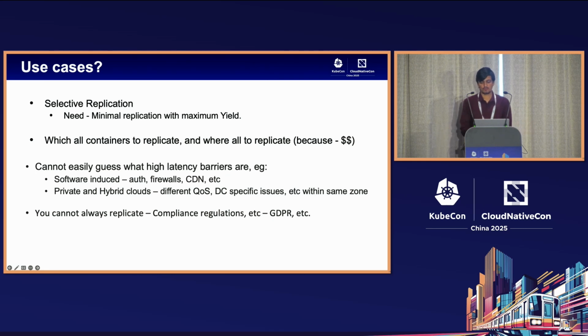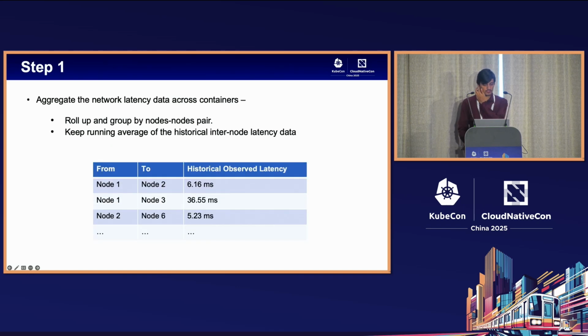The more important problem is that sometimes you have network barriers which are well beyond the common examples like geographical regions. Sometimes you have across-data-center latencies as well, which are significantly high. So what we do is we aggregate the latency data that we already have.